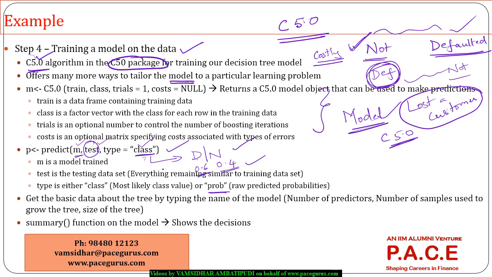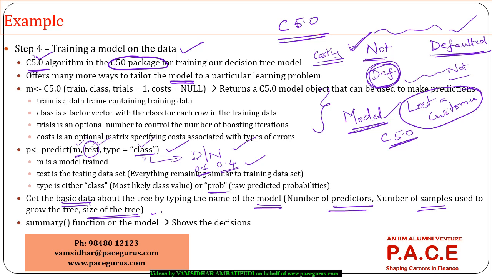If I really want to know what the tree is all about, I can get the basic data of the tree. I type the name of the model, and I'll get the number of predictors that have been used, the number of samples that are used, the size of the tree, the average size of the tree.